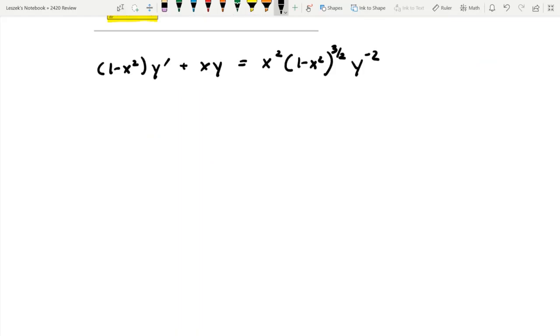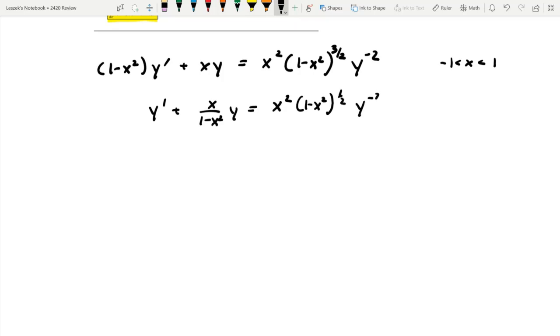All right, so that looks awful. So let's go ahead and try to write it in standard form. Let's divide everything by 1 minus x squared. I guess here we're going to assume that x is between negative and positive 1. So that would become the square root of 1 minus x squared.